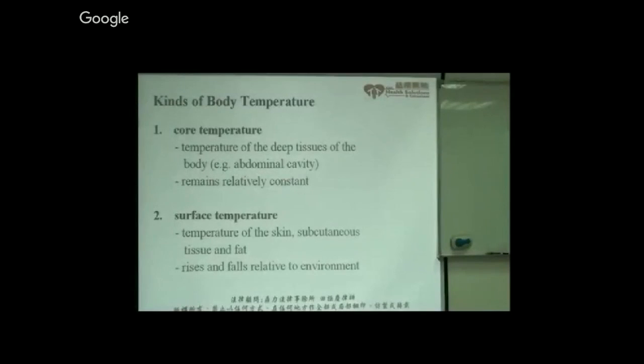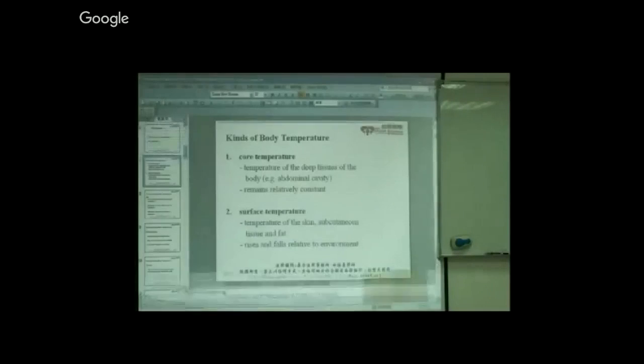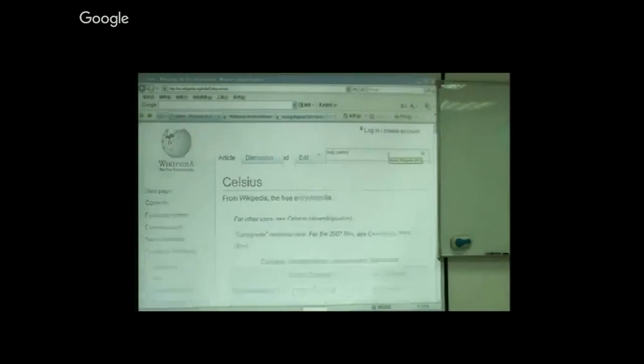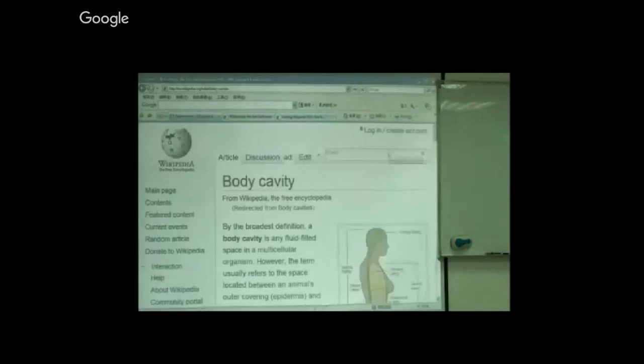Can you give me the other cavities in the body? What are the cavities in the body? What do they call the cavity in the chest? Here, you call this abdominal cavity. You say chest. What do you call the cavity in the chest? You call it thorax, right?